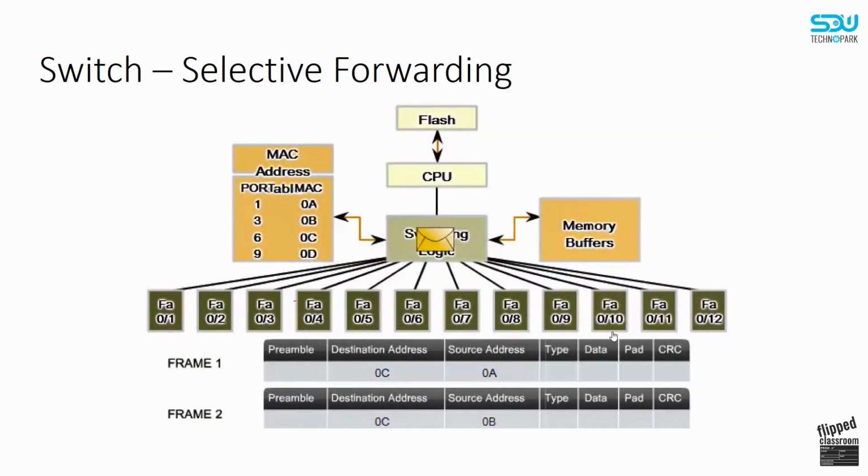And here we have a logical view of the same operation. A frame came to the port of the switch. The switch placed the frame into the memory buffer, and afterward the switch searches, using its MAC address table, to which port it has to resend this information.